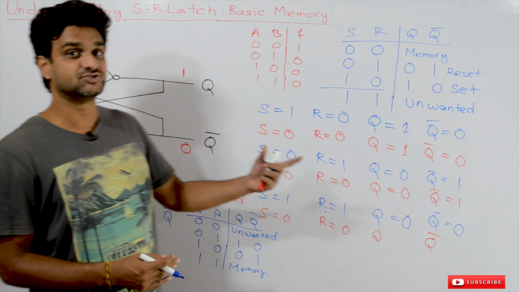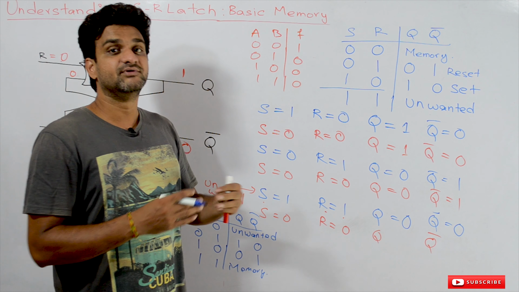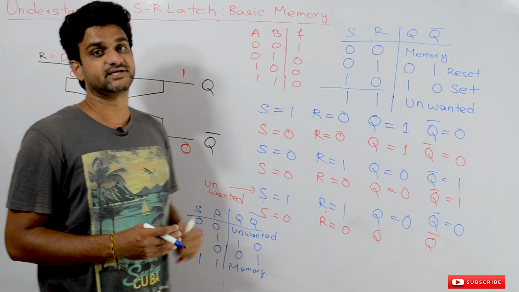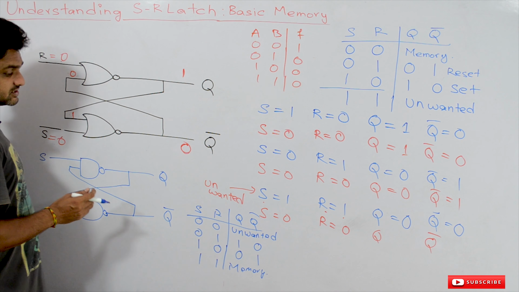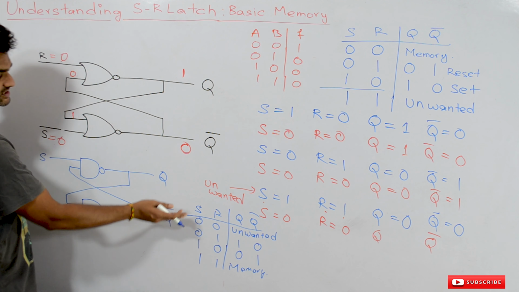They are not called latches, they are called flip flops. The discussion about the SR flip flop, JK flip flop, D flip flop, and T flip flop, we will try to have in our next coming videos. So this is the characteristics table of the SR flip flop by using NAND gates. Hope you got the clarity on this concept.